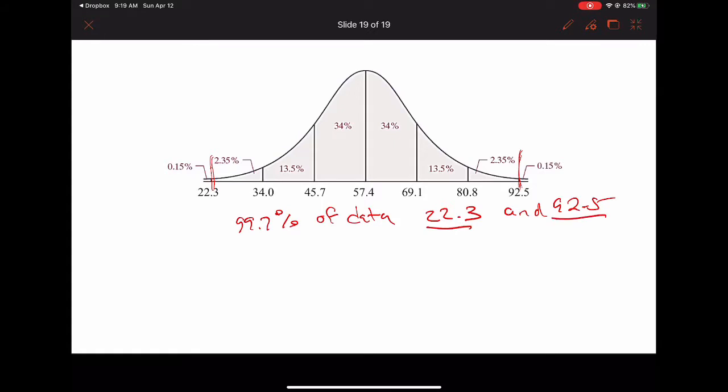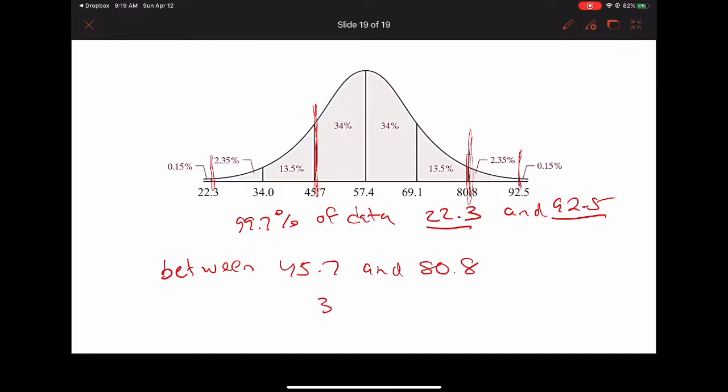Something a question on your homework might ask is, what percent of people will have their serum HDL cholesterol between 45.7 and 80.8? You might get a question like that on your homework. So you'll take a look right here, 45.7 and 80.8, and you'll just add these up.